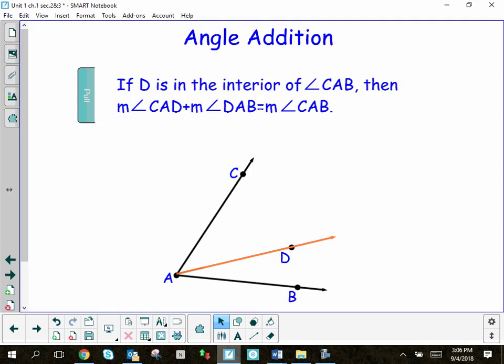So if you have these, you now have 3 angles, and I'm going to color them in different colors. You have this angle, that's red. You have this angle, that's green. And you have the entire angle that I'm going to color now in blue.